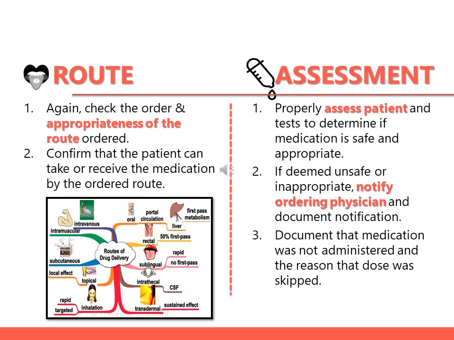For example, the order of the doctor is to give the medication through the mouth. However, when you check, the patient cannot swallow. The patient has a problem with the mouth. You need to check if the patient is capable of receiving those things. That is right route.